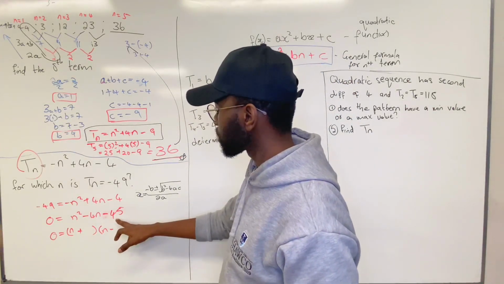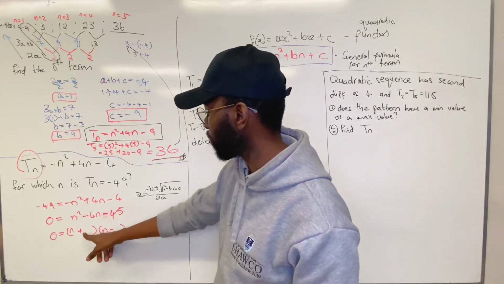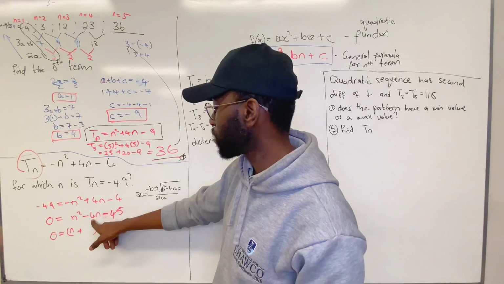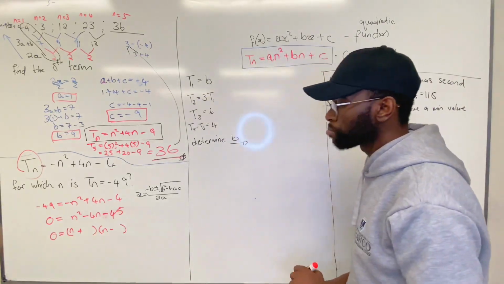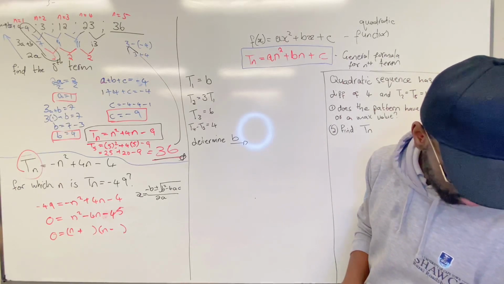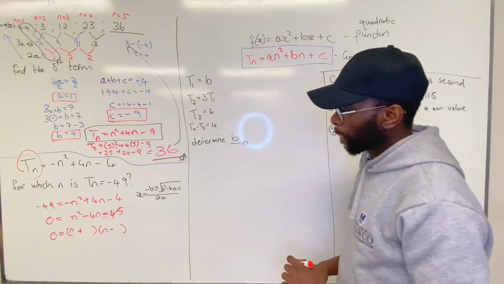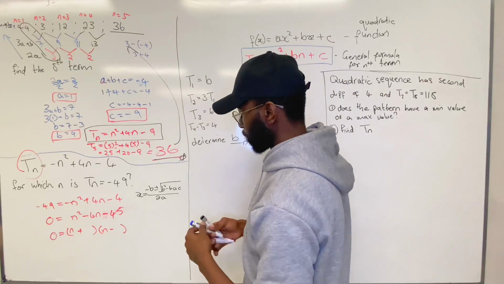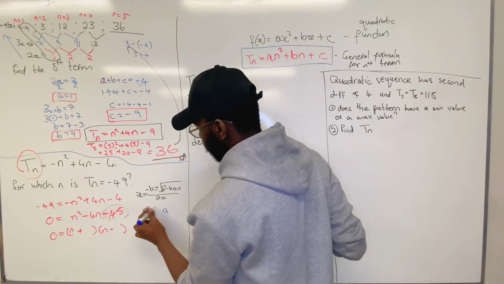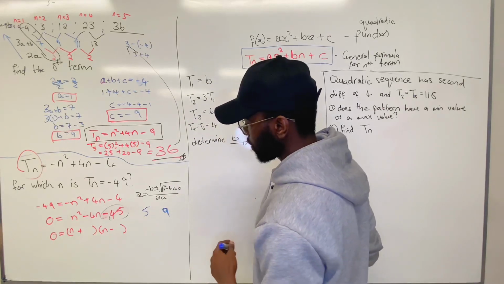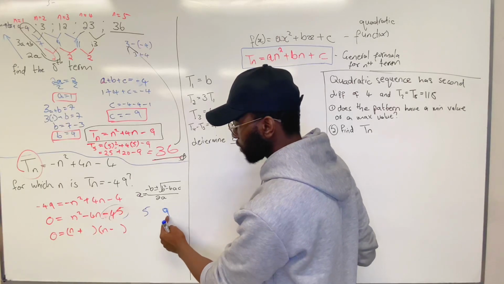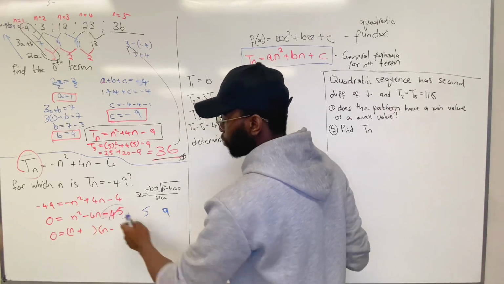Now, what values can you multiply to give 45, and then when you subtract them, they will give you -4? So 45 we get by 5 and 9. Now 5 times 9 is 45, and 5 minus 9 will be -4.